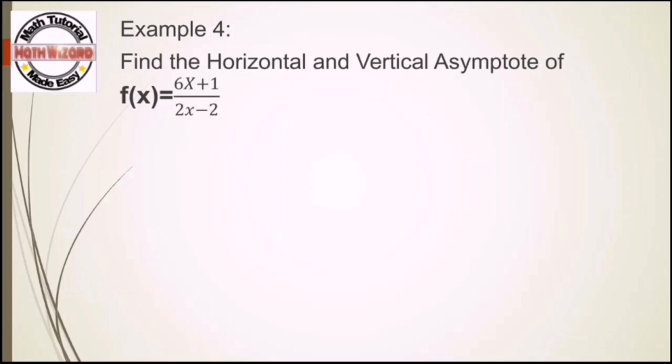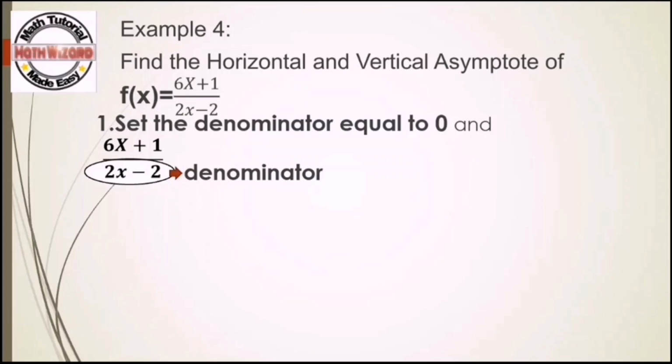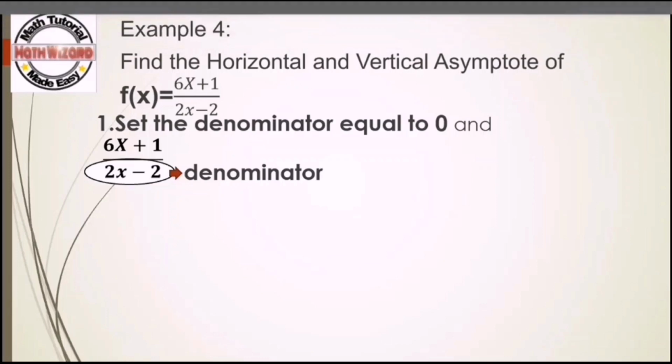Okay. Again, first, set the denominator equals to 0. What we will do is to set first the denominator. So the equation must be 2x minus 1, because that is our denominator. So therefore, if we are going to equate it into 0, 2x minus 2 is equal to 0.